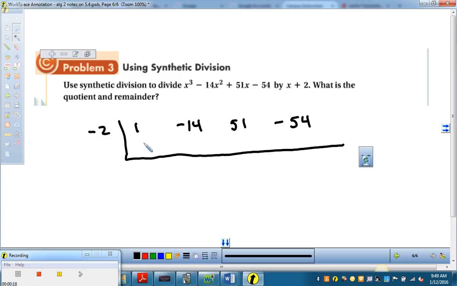The first thing that we do is you always just pull down the first coefficient, 1. All right, and now we're going to do the multiply and add, multiply and add.